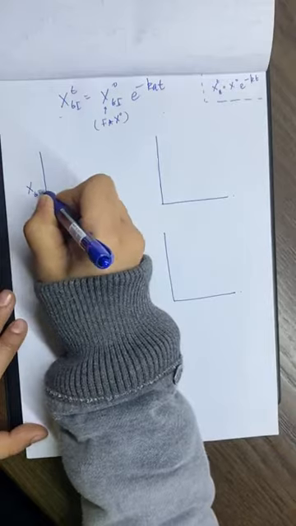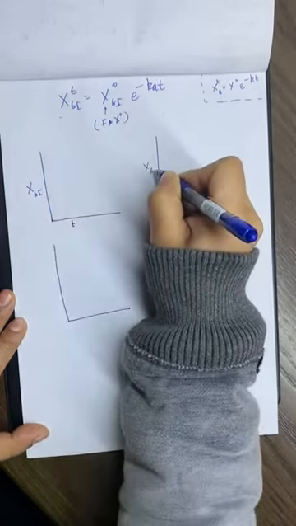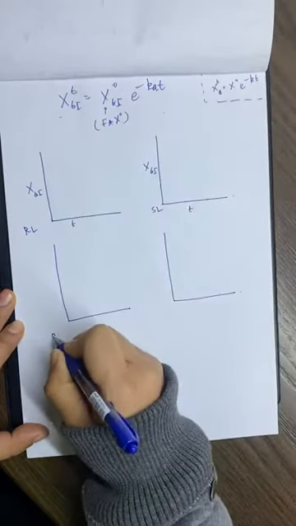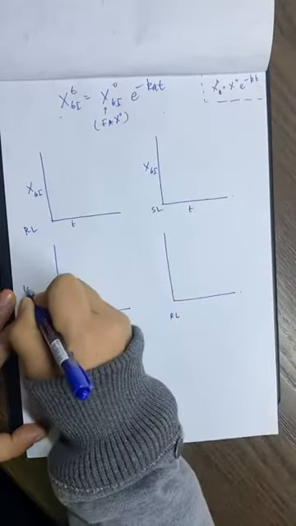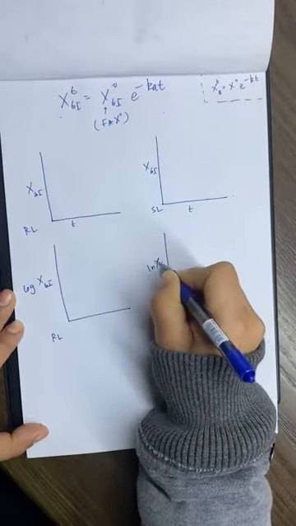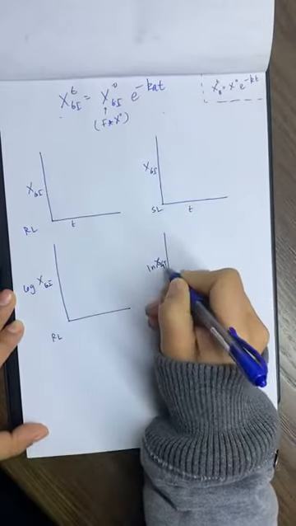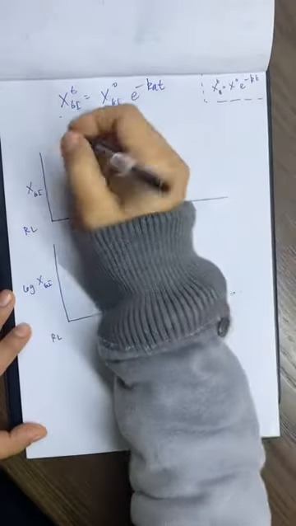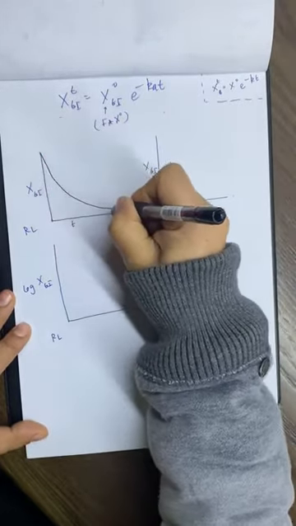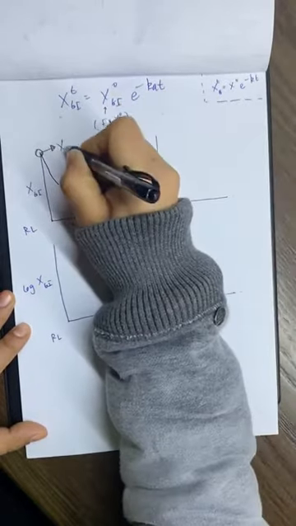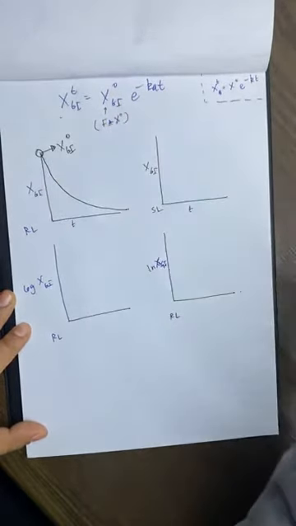If I have XGI versus time, rectilinear and semilog, rectilinear and log XGI, ln XGI, can we draw this? Yes, for sure we can. This will be a mono-exponential graph or profile with this equal to XGI naught, right?